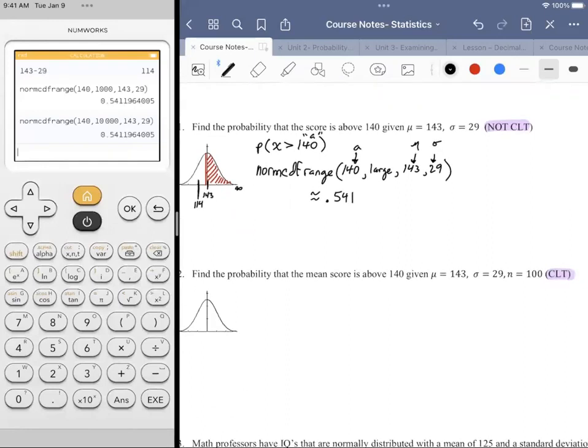The probability that the mean score, key term there, is above 140, and then they give us an n value. That's a sample size.